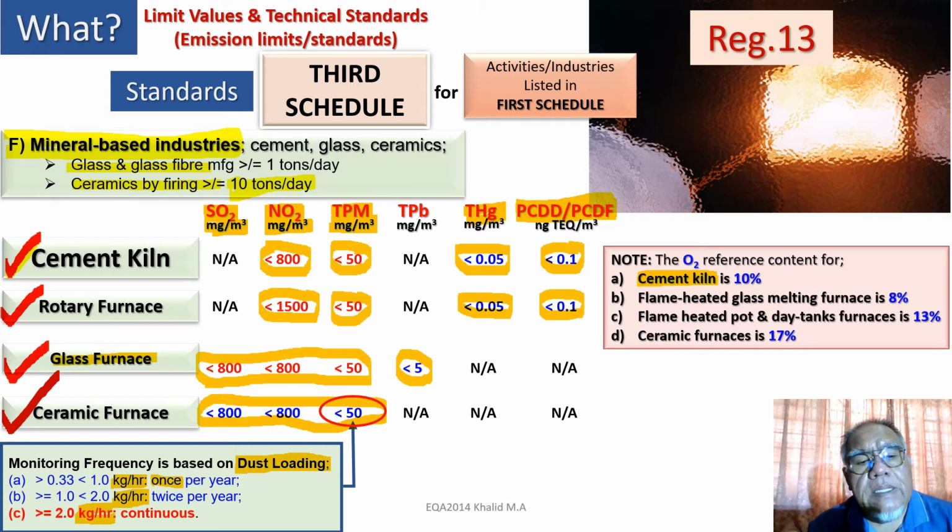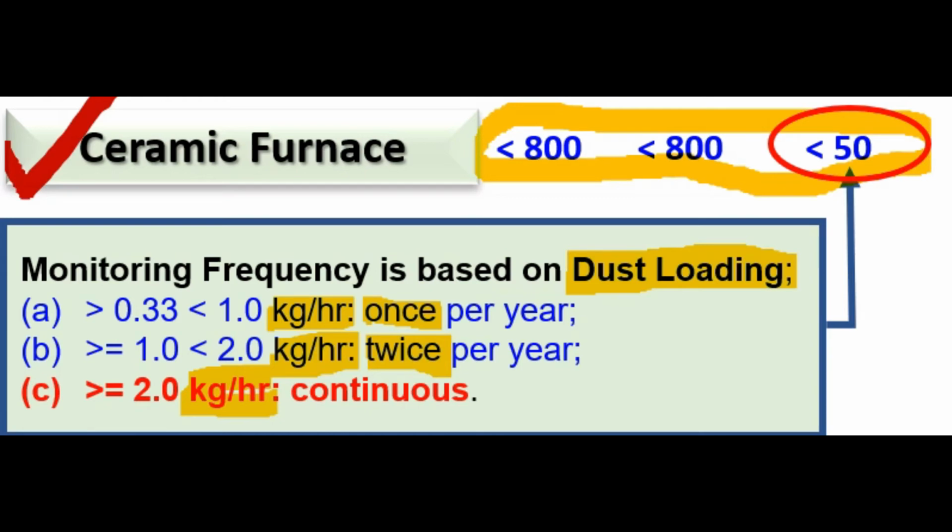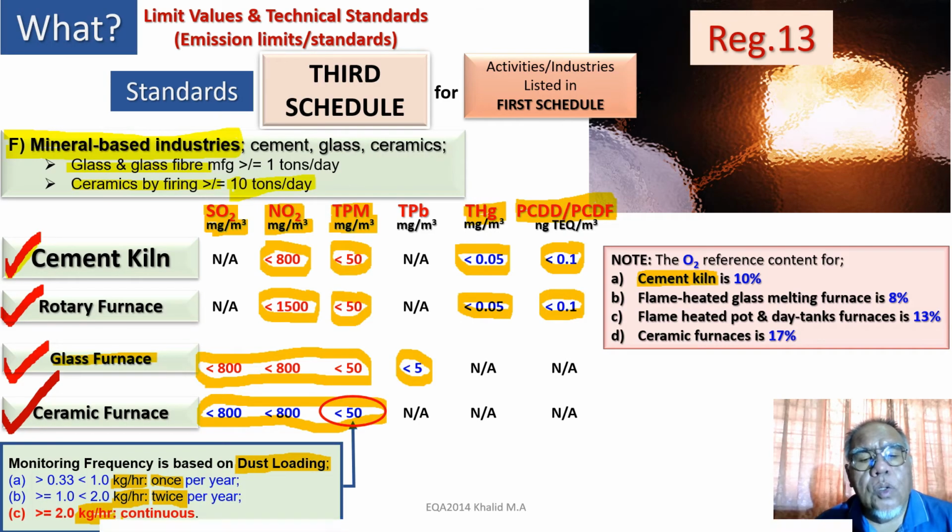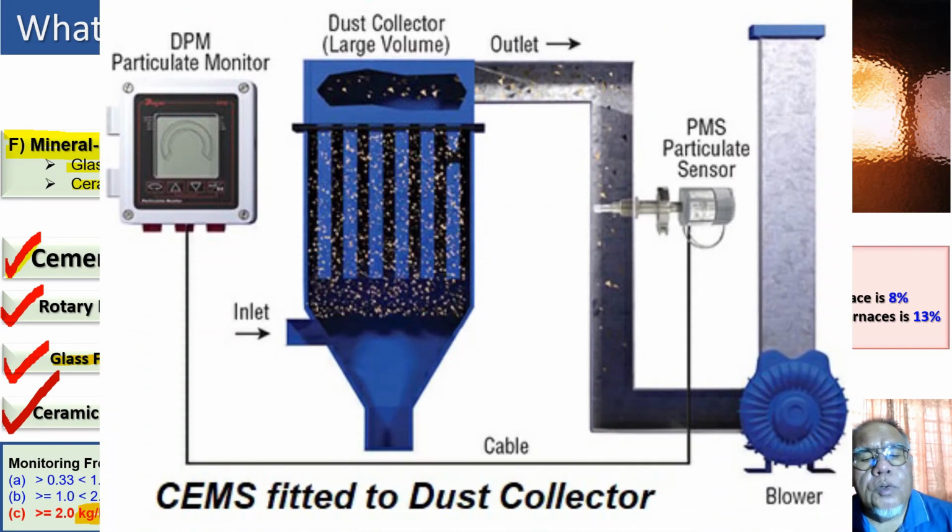If the loading is more or equals to 1 but less than 2 kilogram per hour, the law says twice per year. If the loading exceeds 2 kilogram per hour, they have to install continuous emission monitoring system.